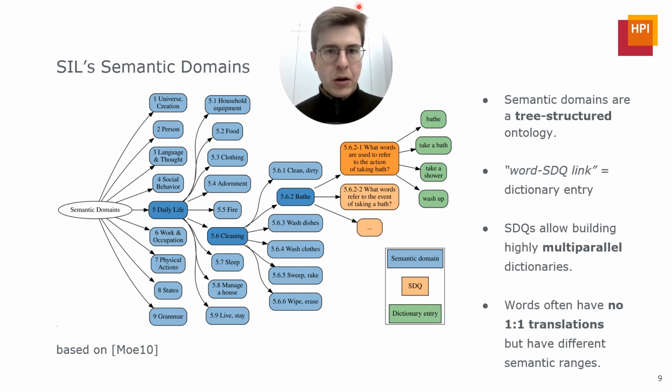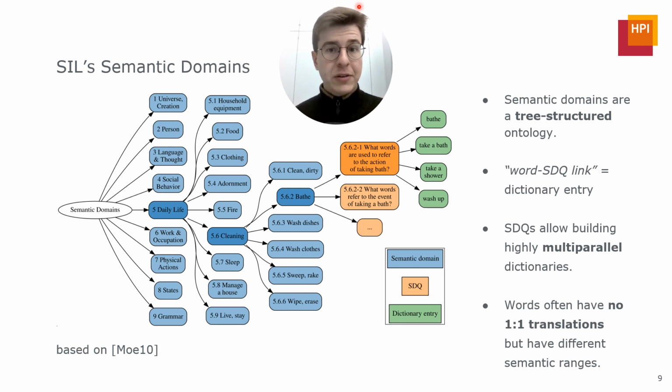In the following, we also use the term word semantic domain question link for a dictionary entry because each word that we can link to a semantic domain question is an entry in a semantic domain dictionary. You probably know bilingual dictionaries that show you an English word and its translation to French or German or so. This is a useful parallel data source, but it does not scale to tens, hundreds and thousands of languages.